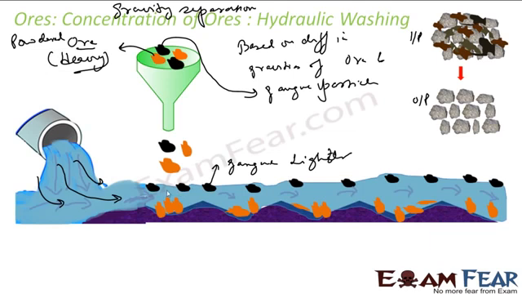And thus the lighter gangue particles will be washed away, and the heavier ones, that is my powdered ore, the orange ones, will be left behind, and we can then collect them. This is the first way.